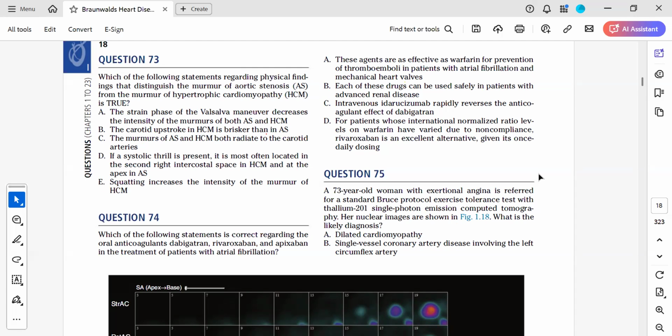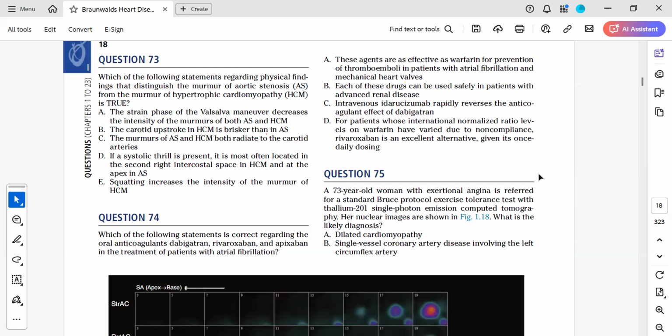So the first thing we need to know is that both AS and HCM cause a harsh systolic murmur, and physiological maneuvers that enhance contractility increase the intensity of both murmurs. However, there are some subtle differences. Option A, that the strain phase of the Valsalva maneuver decreases the intensity of the murmur of both AS and HCM, is not correct.